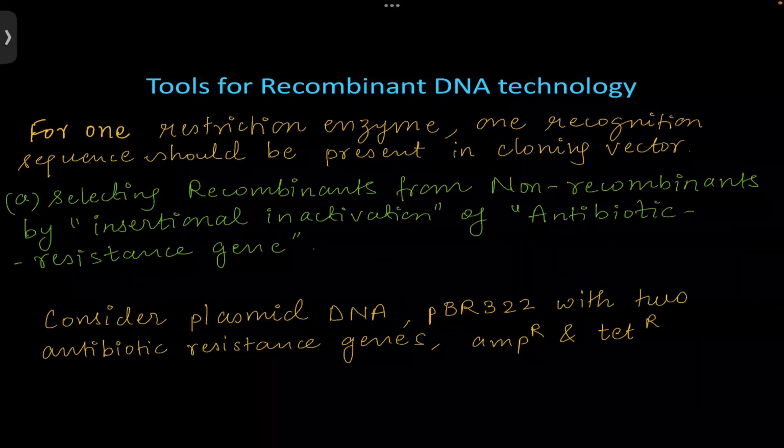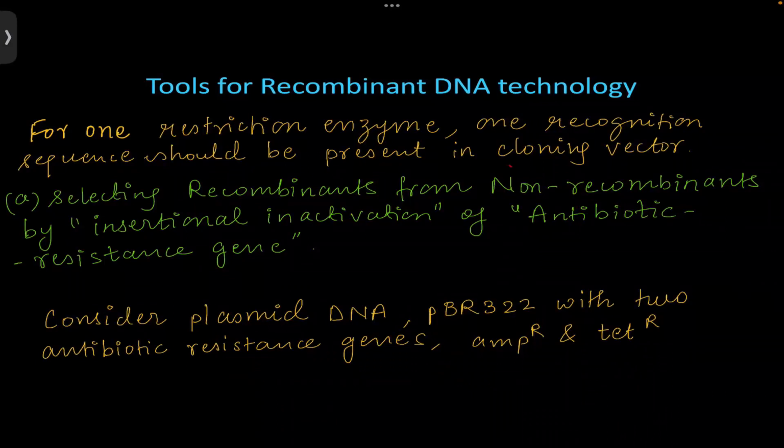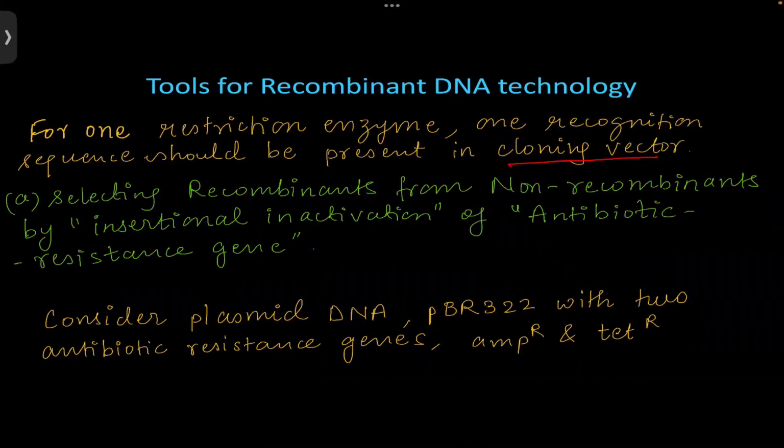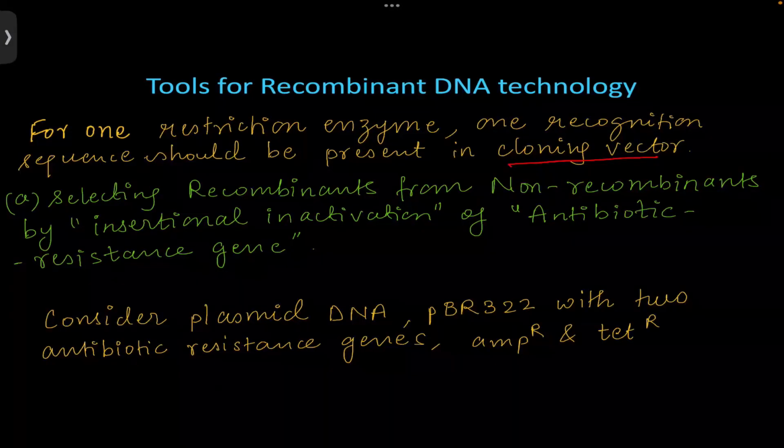Now, for one restriction enzyme, one recognition sequence should be present in the cloning vector. There cannot be multiple recognition sequences for the same enzyme. If so, then the number of fragments of the plasmid vector or any vector DNA will become difficult for you to handle.